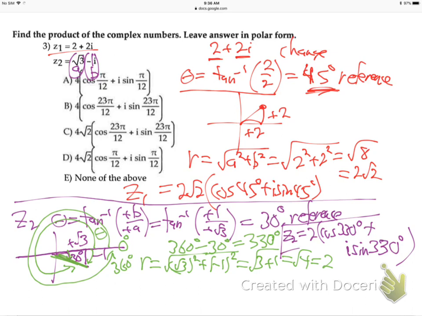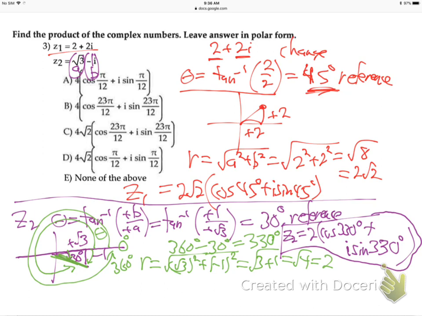We good with that? Just like that. So Z2 is 2 cos 330 plus I sine 330. So that's how we always convert from rectangular to polar, right? Find the theta, the R, then the R goes in the front, cosine of the angle plus I sine of the angle.